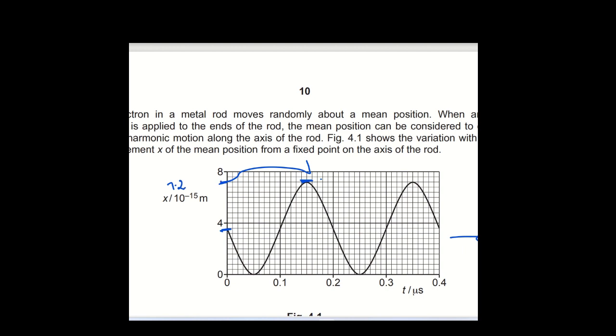So this value is 7.2 and here this value is 3.6.